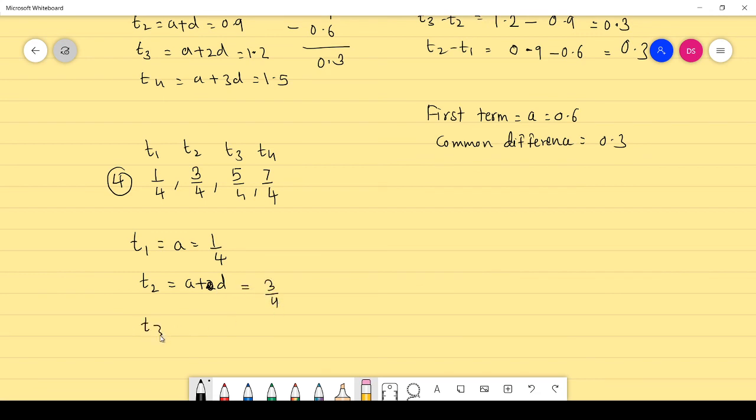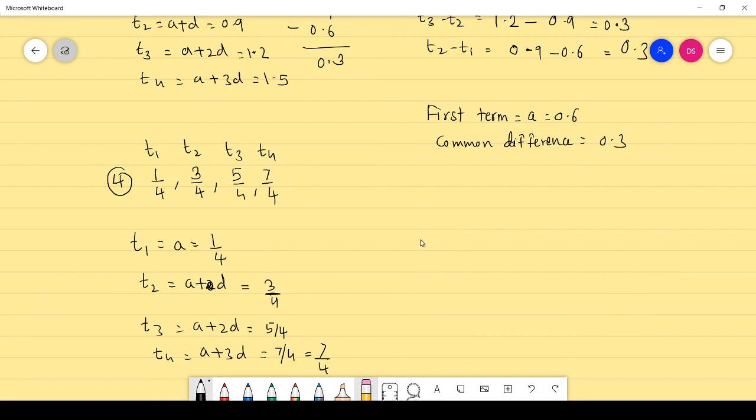Now the third term is A plus 2D, that is equal to 5 by 4, right? Then the fourth term is A plus 3D, that is equal to 7 by 4. It takes a space, that's why I'm writing like this.